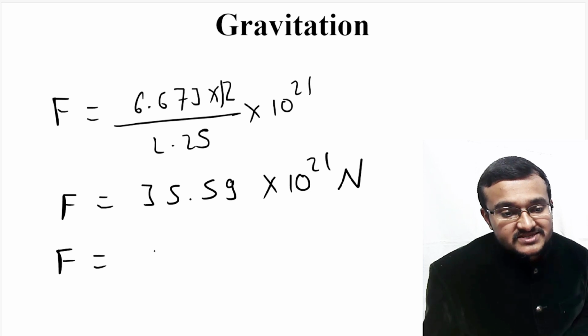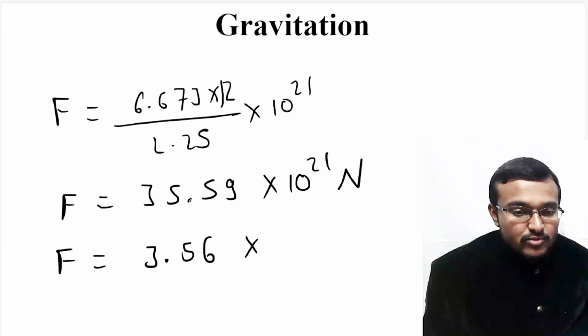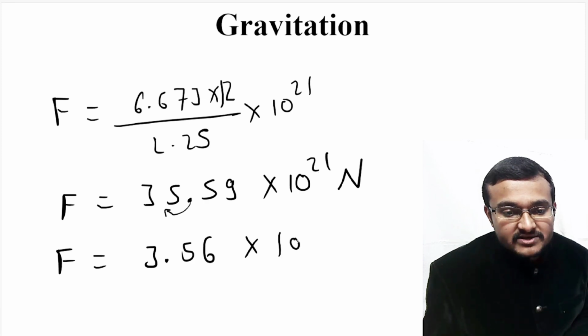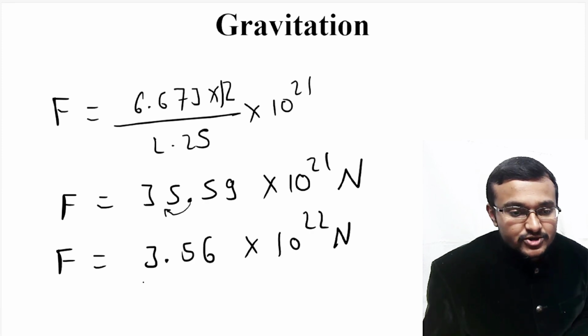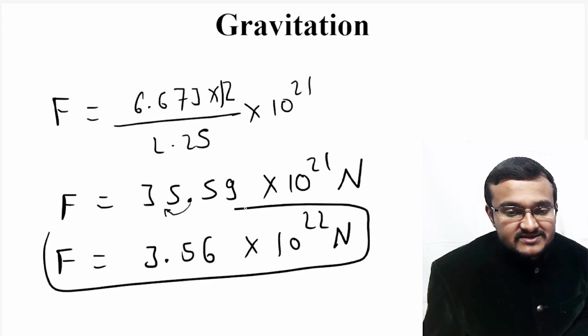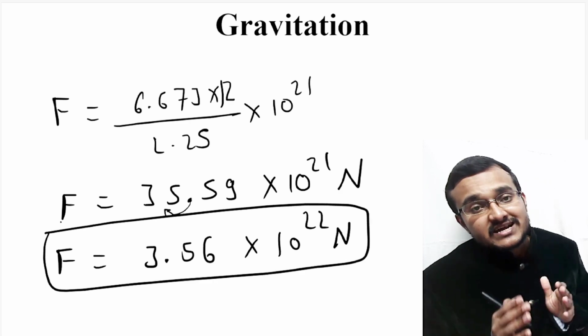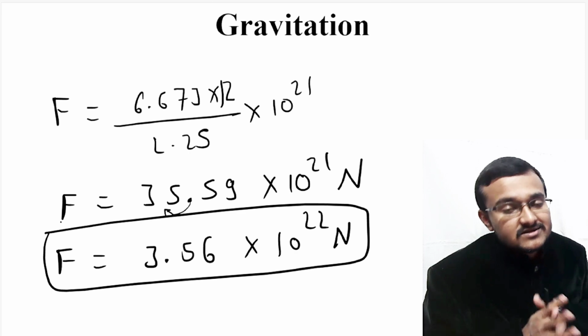So now the force is equal to 3.559, which can be rounded off to 3.56. So one decimal I have moved, after one decimal place, so you can add one power here, 10 power 22 Newton. So 3.56 into 10 power 22 Newton is the gravitational force between Earth and Sun.